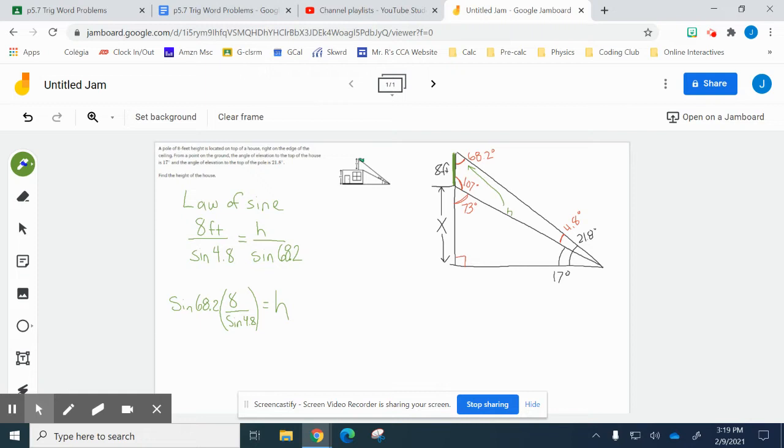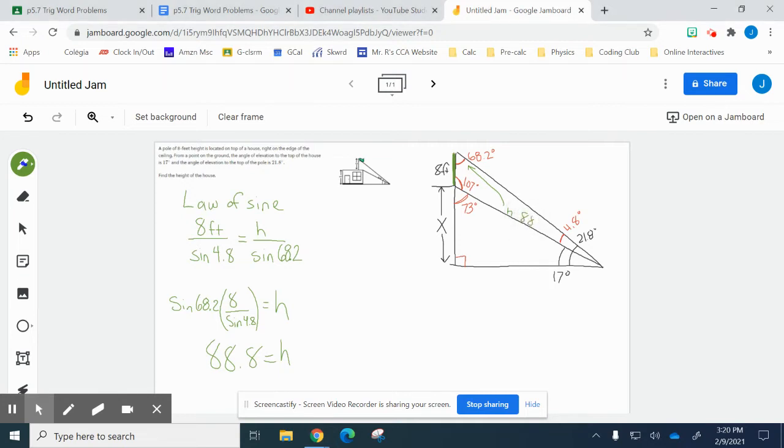And we're almost at h already, aren't we? 8 divided by the sine of 4.8 equals that. And we'll multiply that times the sine of 68.2. And we get 88.8, so h equals 88.8, we'll call it.